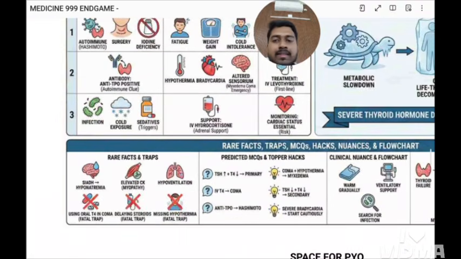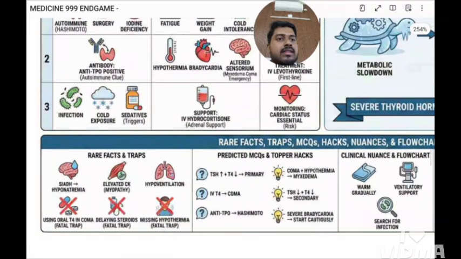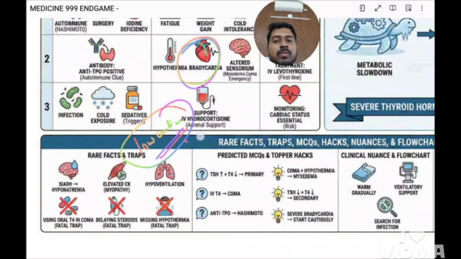Now coming to other aspects, one is SIADH. An SIADH-like state is seen in hypothyroidism. The reason is that in Myxedema coma there will be a low cardiac output state because of bradycardia, and the pumping capacity of the heart is decreased.